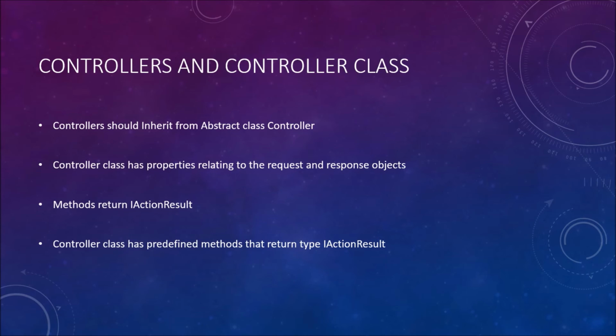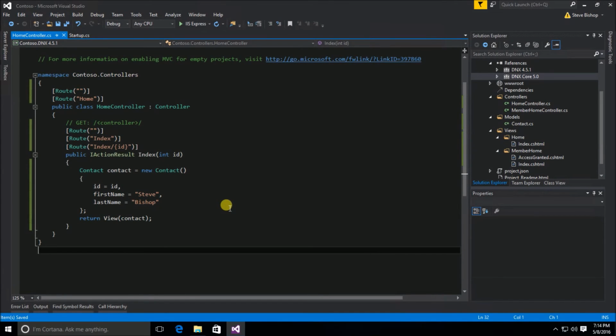To see this in action and pull back the curtain a little bit, I'm going to hop out into Visual Studio and ILSpy. Here in my HomeController, it is a class that inherits from this Controller class.